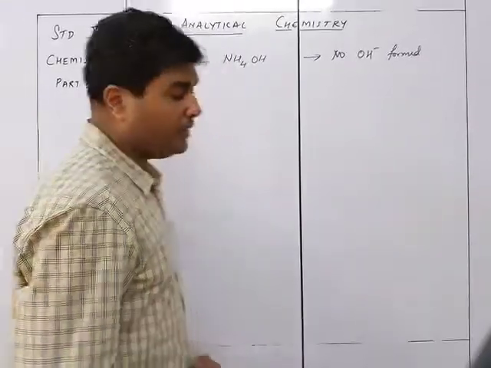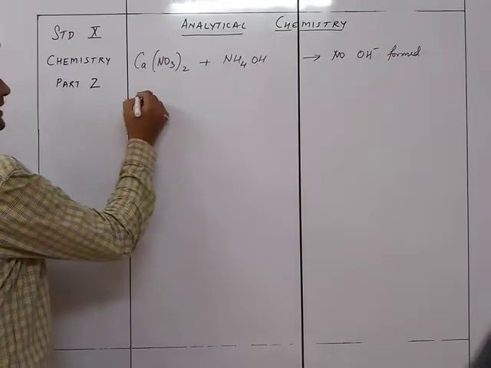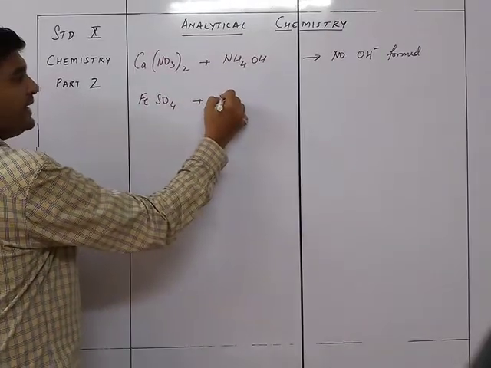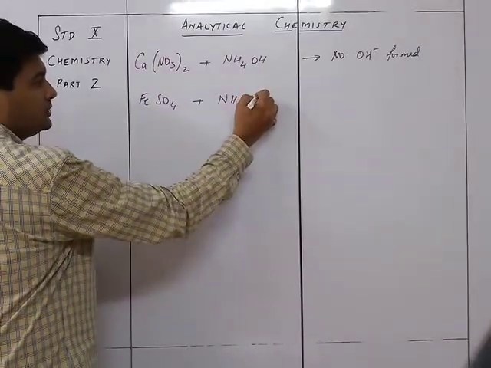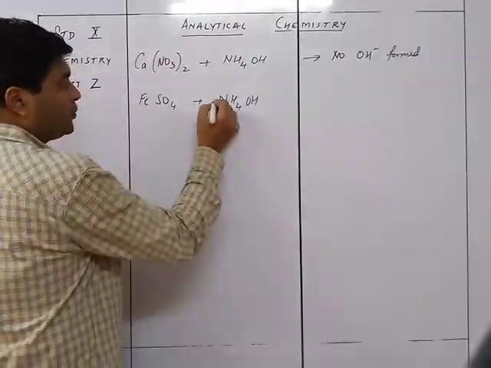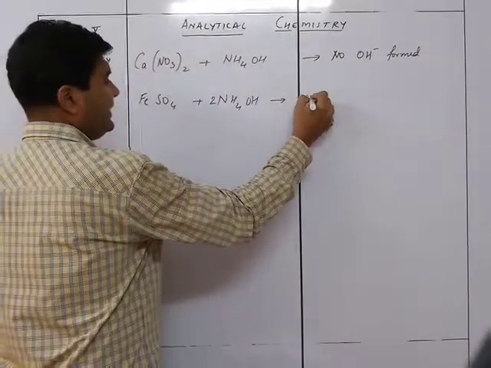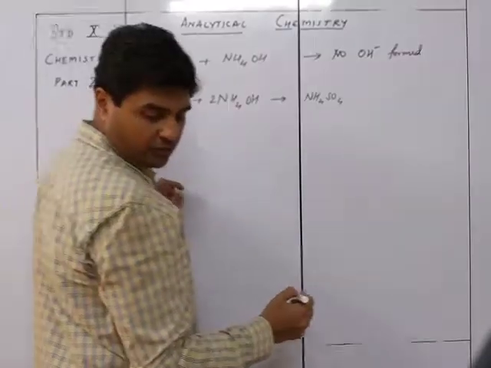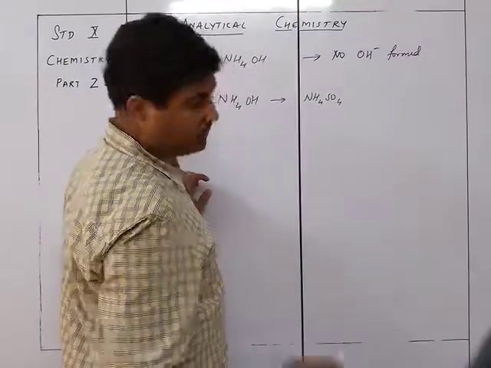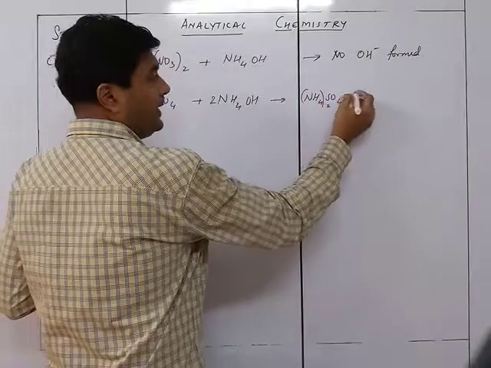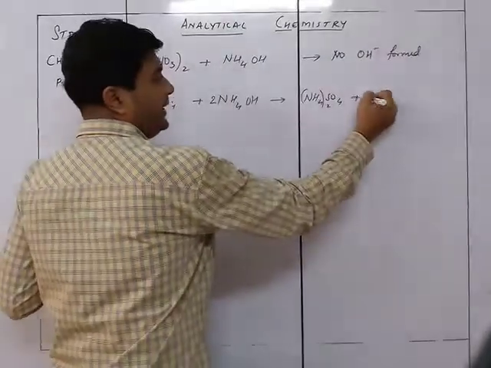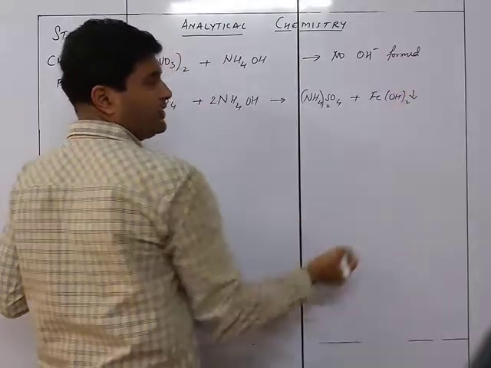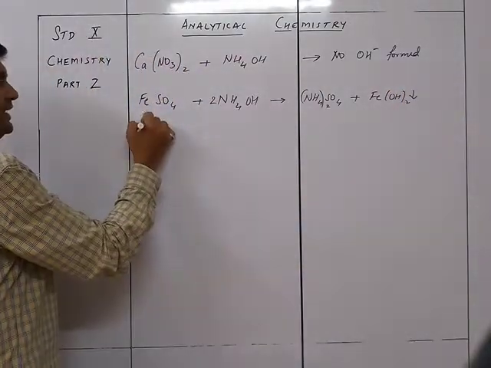Now we move on to ferrous. So ferrous is FeSO4 plus NH4OH. 2 NH4OH is going to give me (NH4)2SO4, plus Fe(OH)2. Again, Fe(OH)2, we very well know, was originally green in color.